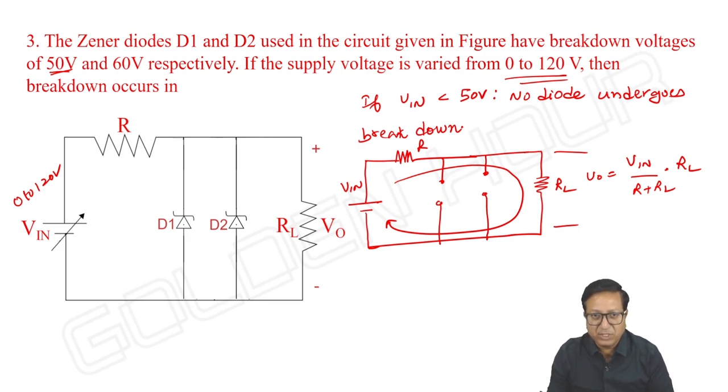Next, if V input is greater than 50 and less than 60, what is possible? D1 can undergo breakdown and D2 is still open circuit.